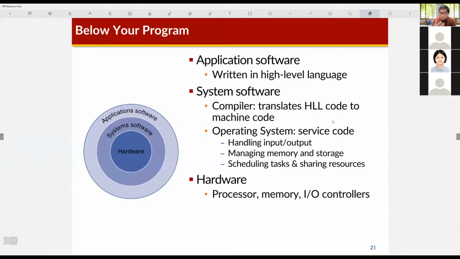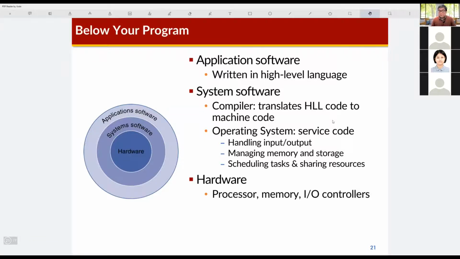So let's talk about how a program is executed on a computer system. I believe everyone knows that a computer system is composed of a hardware part and a software part. If we focus on just the software, this software is revealed to the customers.